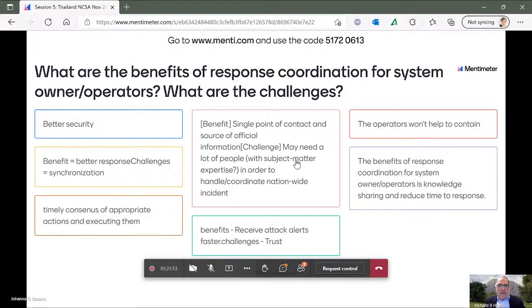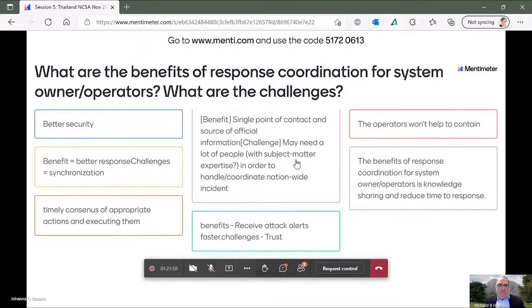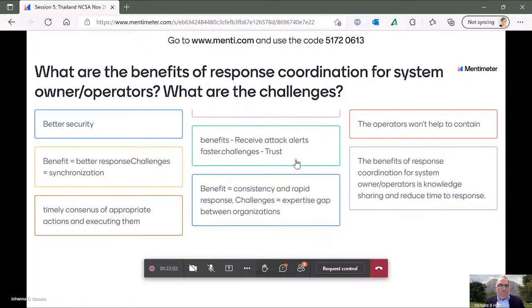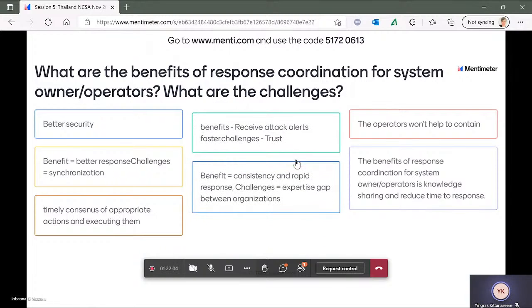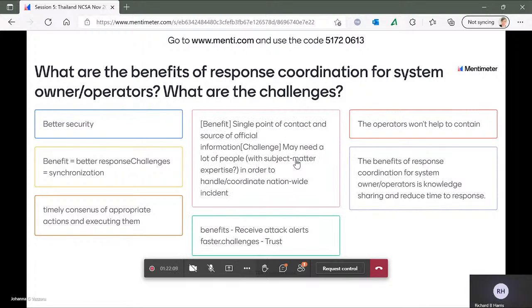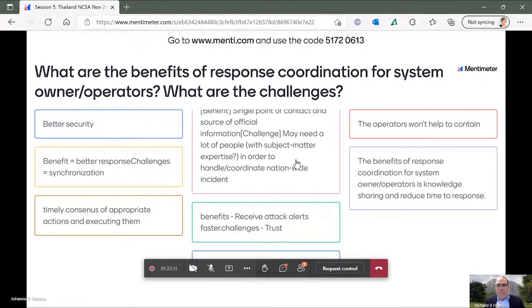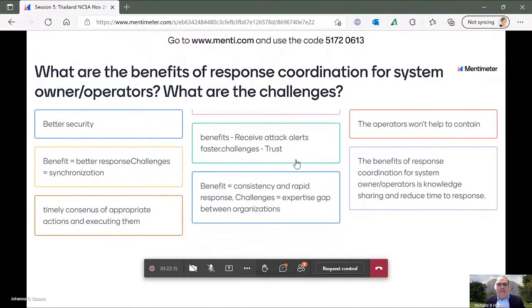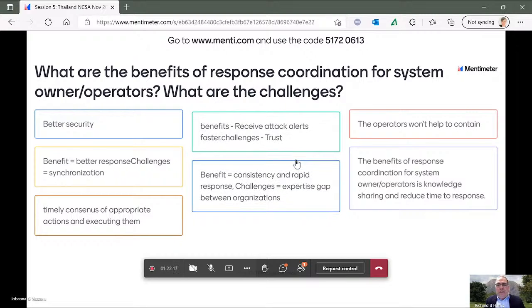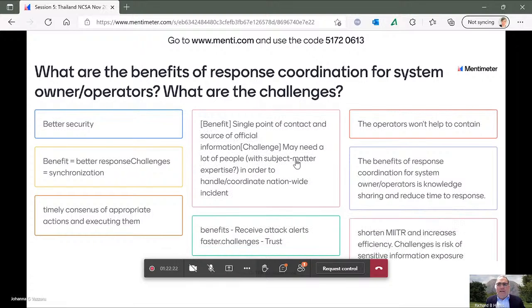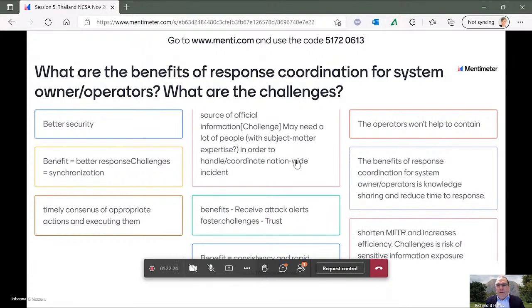And there we have a comment about receiving attack alerts, building trust. I think that's an excellent comment. And there's one comment here also on timely consensus of appropriate action. And I think, to me at least, the term consensus, when you're talking about a national cyber coordination activity, is very, very important.